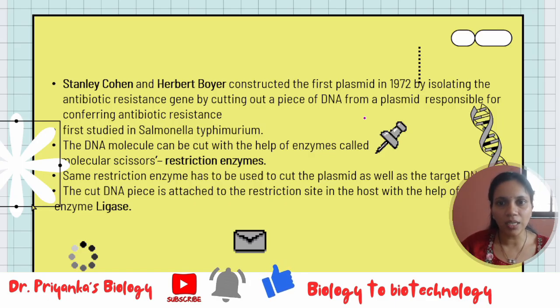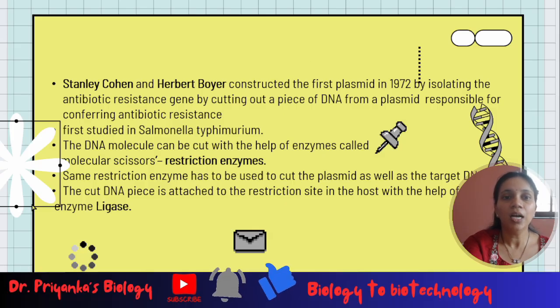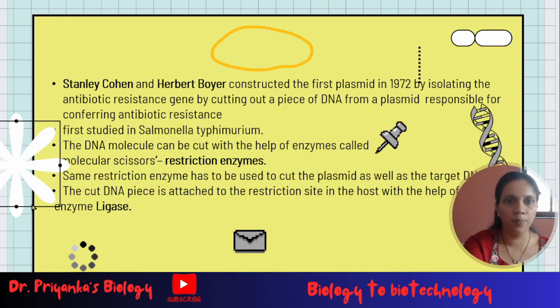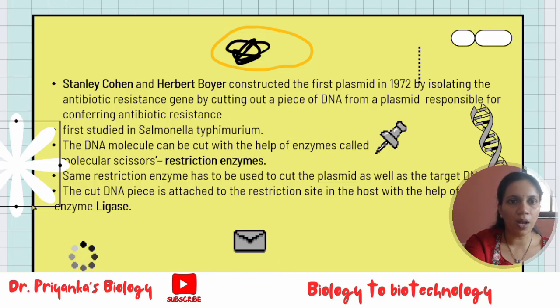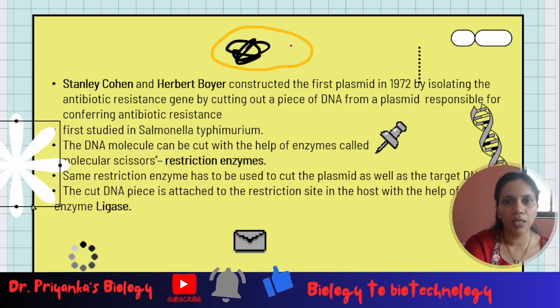If we have to define plasmid, it is an extra chromosomal DNA. Suppose we have this bacterium, it will have its own genetic material, its own DNA, and your plasmid will be something other than the genetic material.